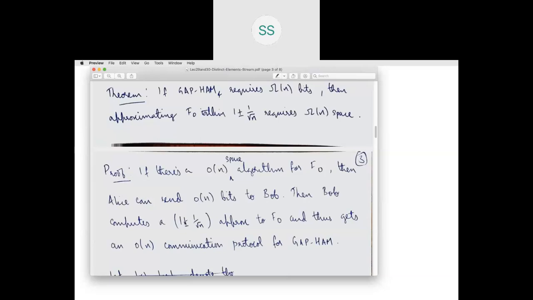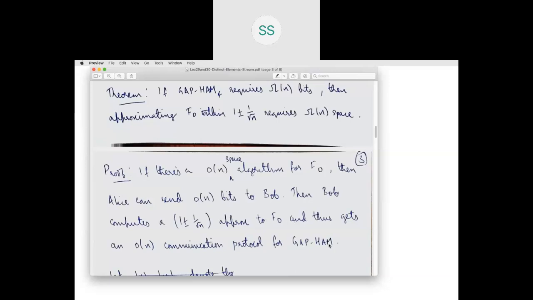And Bob computes a 1 plus or minus square root approximation to f0, and this approximation to f0 gets a protocol for the gap Hamming problem.